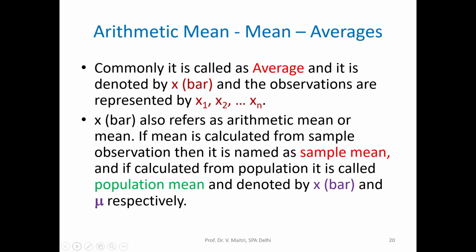If we are calculating the mean from sample data, then it is known as the sample mean. And if it is calculated from the population, then it is called the population mean. The sample mean is denoted by x bar, and the population mean is denoted by mu.